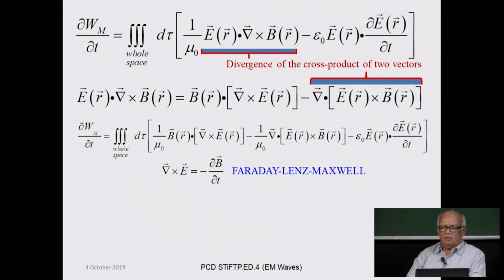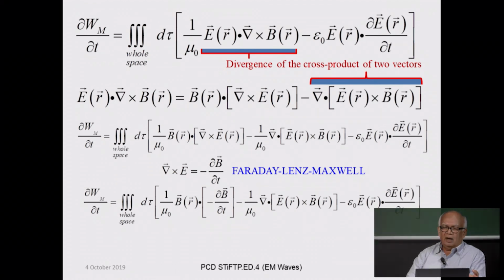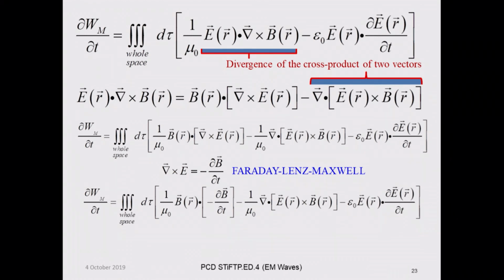So, now you have got the rate equation, and now you have got three terms in which one is del cross E, which is nothing but minus del B by del T from the Faraday-Lenz Maxwell relation. And now you see that there is some symmetry which is popping out of these equations. From the first term you are getting a B dot del B by del T, from the last term you have E dot del E by del T. Okay?